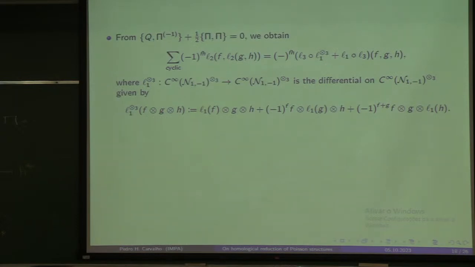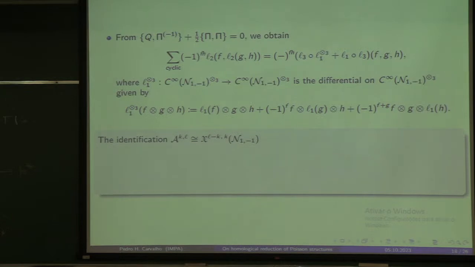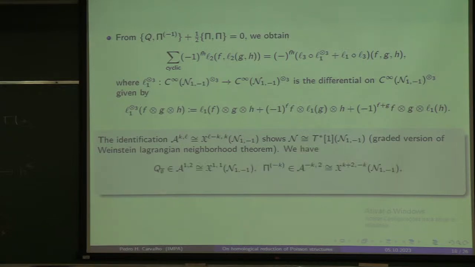Okay? Good. So there is also an identification of this algebra with some multivector fields on this graded manifold that I'm considering, and this shows this correspondence. So it's a kind of Weinstein Lagrangian neighborhood theorem for this Lagrangian submanifold. And this means that all these guys are bivectors on this graded manifold.